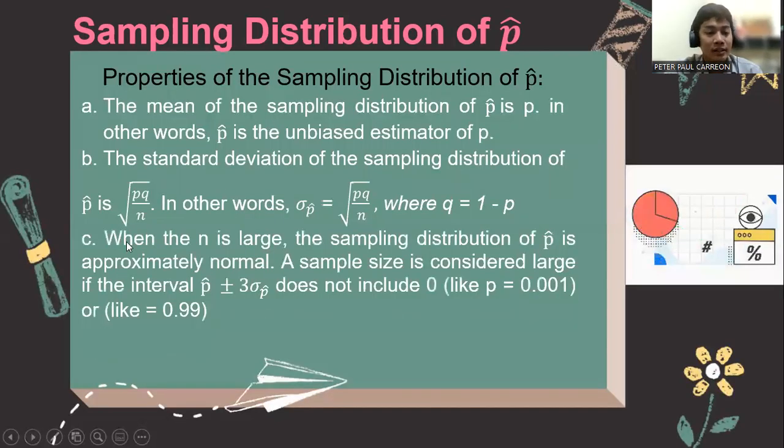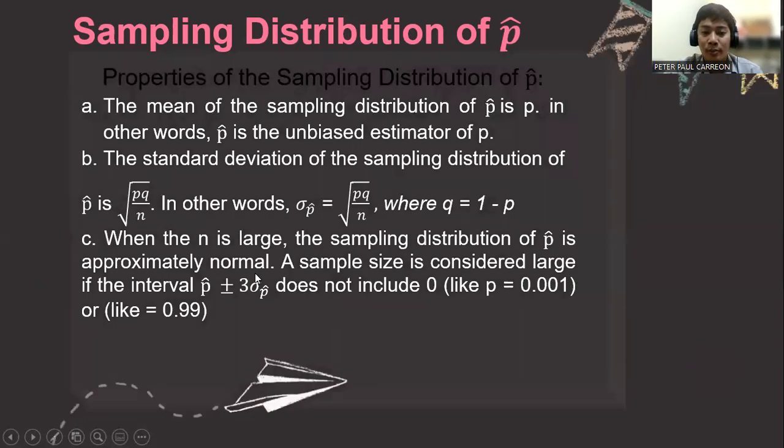And lastly, when n is large, meaning our sample size is very large, the sampling distribution of p hat is approximately normal. As a statistician, we always assume that our distribution is normal.